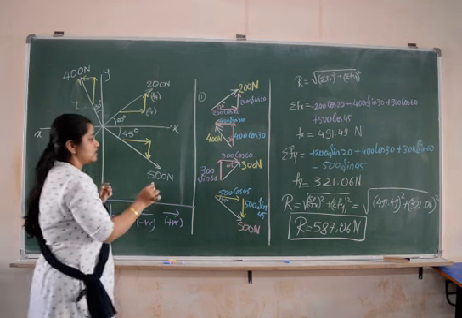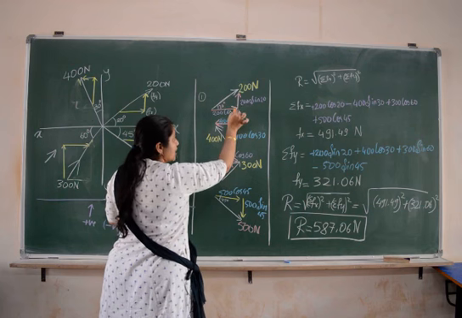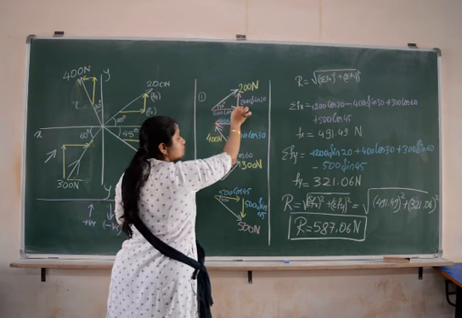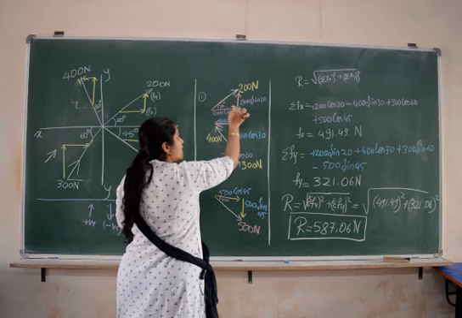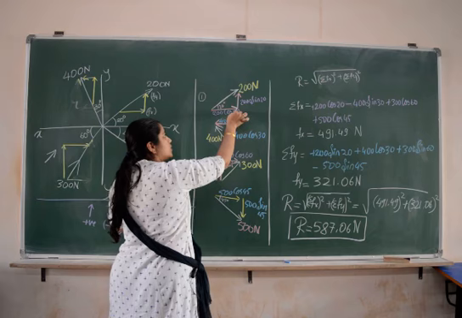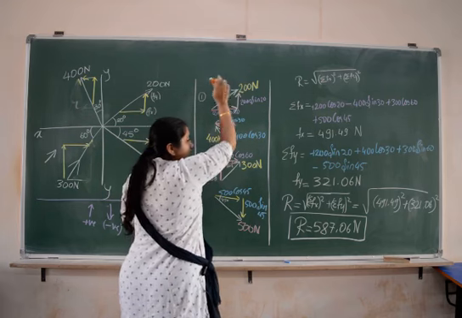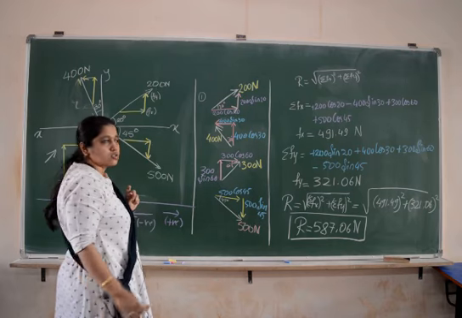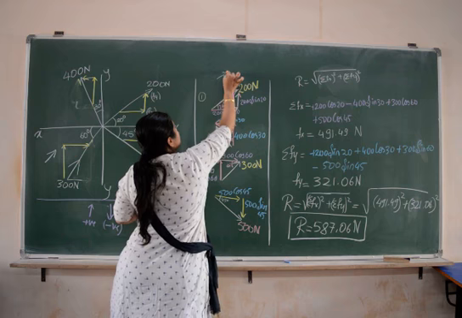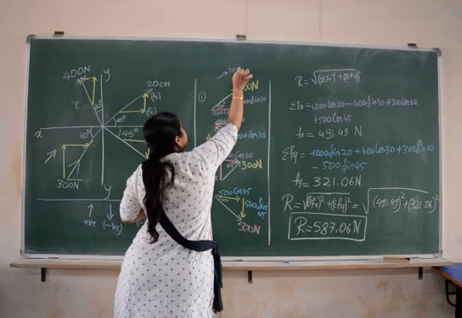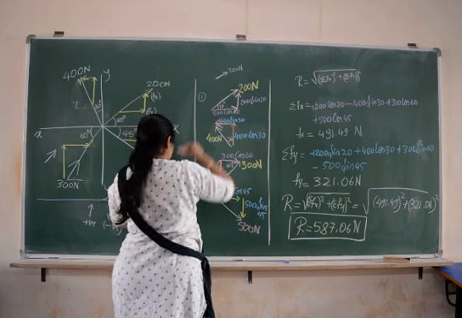Next, this is going to be resolved into two components, x and the y components. I am going to draw a triangle in such a way that the direction of this particular triangle should go and meet the given direction force. For example, this is 200 Newton. I am going to draw a triangle, I told you.